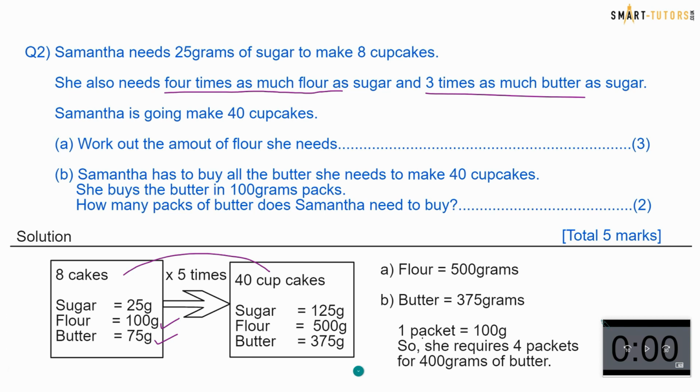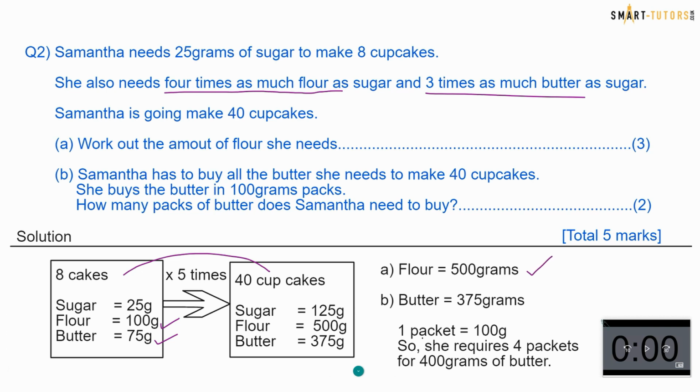Sugar is 25 times 5, which is 125. 100 times 5 is 500. 75 times 5 is 375. This is the amount of ingredients she needs to make these cupcakes. Work out the amount of flour she needs. Flour is 500 grams, so that is the answer for the first part.